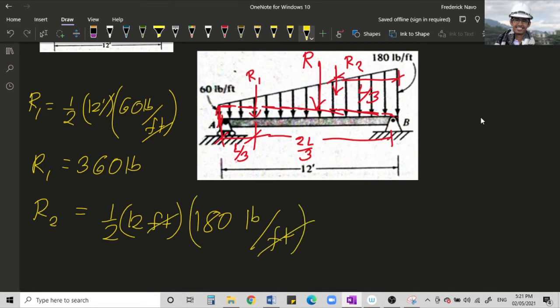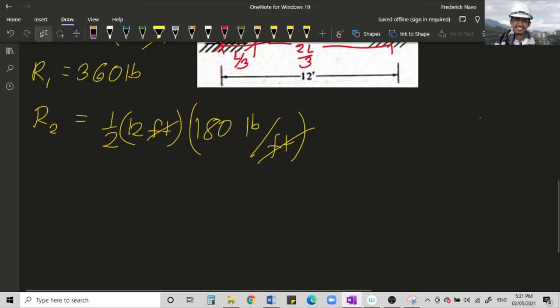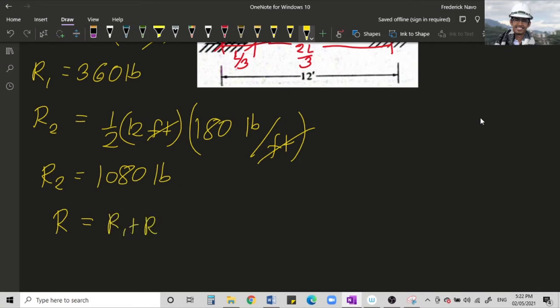That will be just pounds. So, our R2 is equal to 1,080 pounds. Okay. So, therefore, our resultant R is equal to just the summation of R1 and R2. So, that will be R1 plus R2. So, that is equal to 1,440 pounds. Okay.